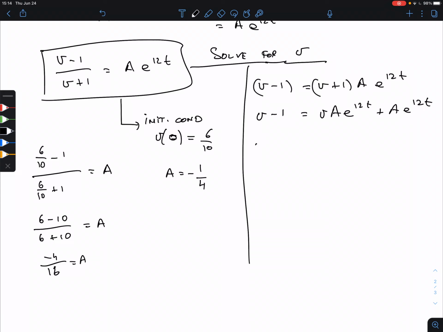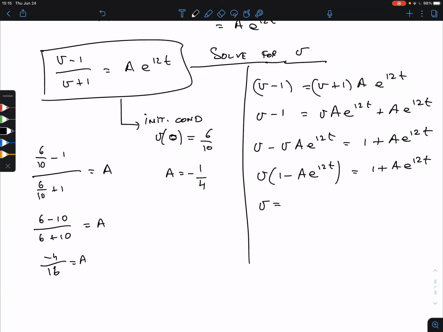So the v terms come to this side: v minus v A e to the 12t is equal to 1 plus A e to the 12t. So v times 1 minus A e to the 12t is equal to 1 plus A e to the 12t.